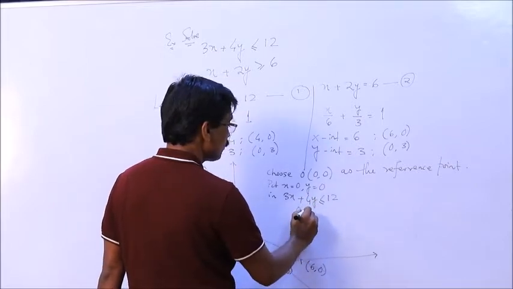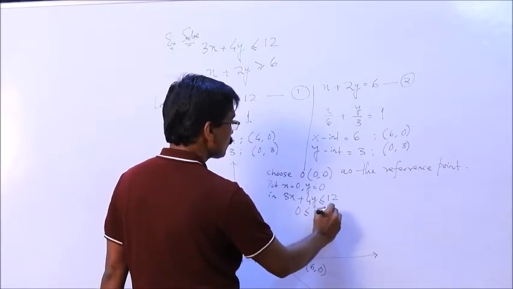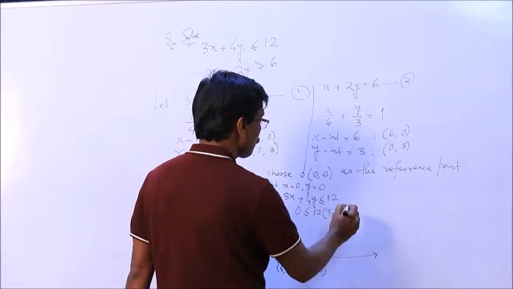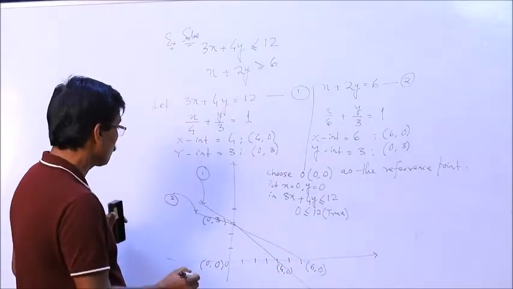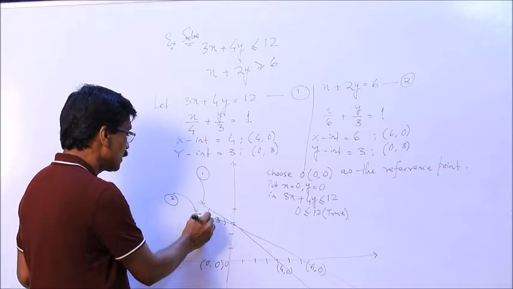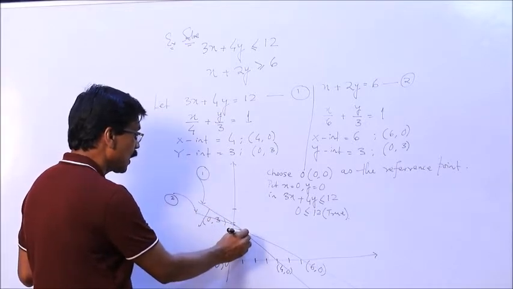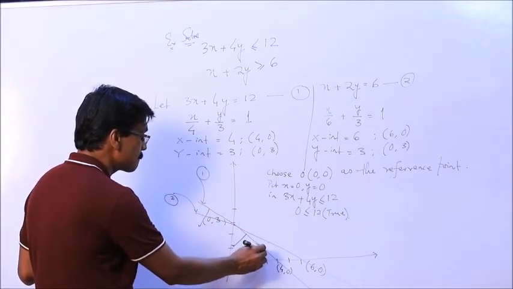So, obviously 0 less than equal to 12, it is true. So, for this first line, it is towards the origin.